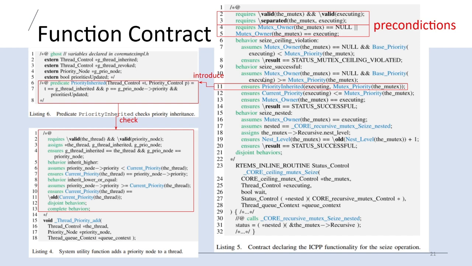case is the resource is locked by the requesting thread, and the resource ceiling priority is inherited.